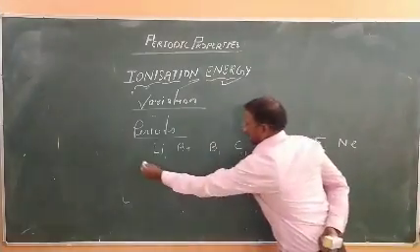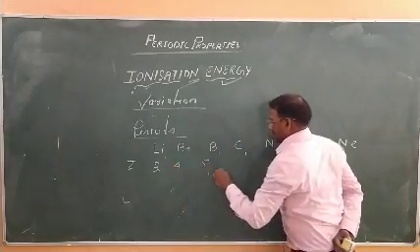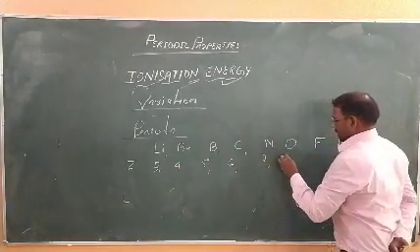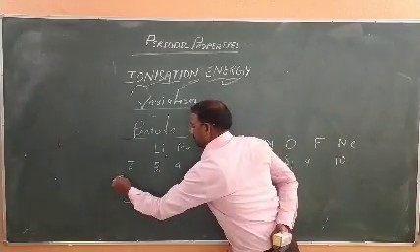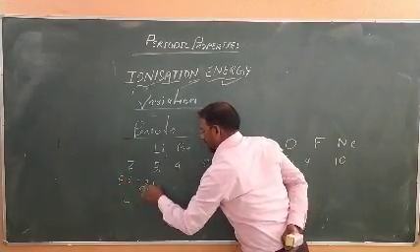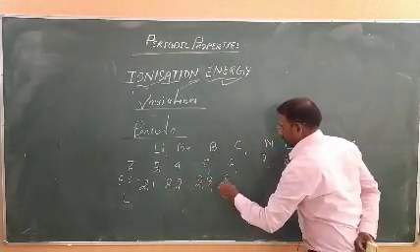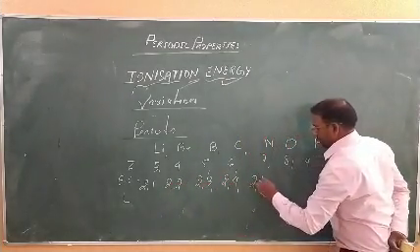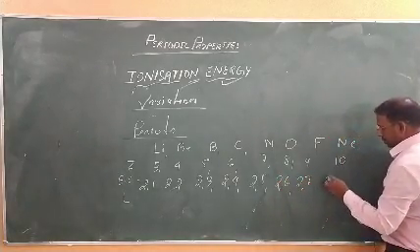Atomic numbers Z are 3, 4, 5, 6, 7, 8, 9, 10, and electronic configurations are 2-1, 2-2, 2-3, 2-4, 2-5, 2-6, 2-7 and 2-8.